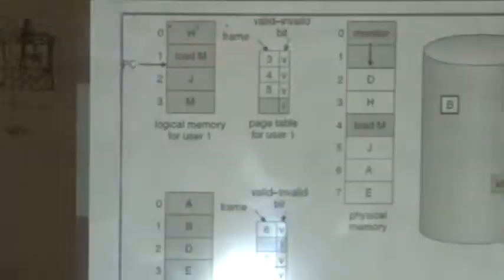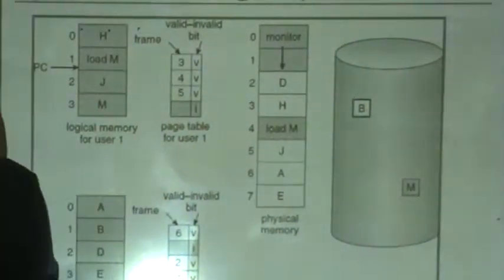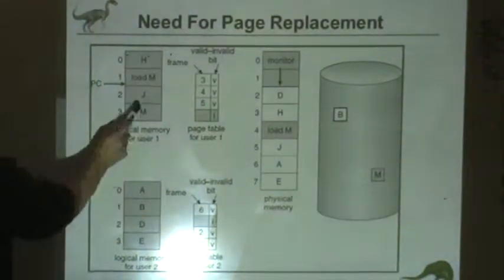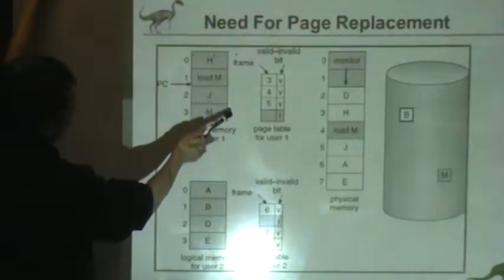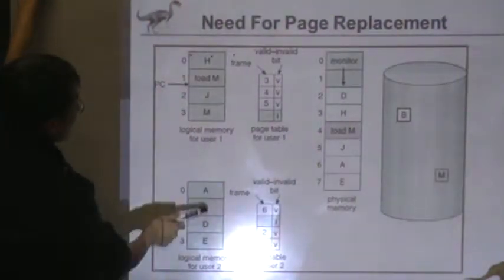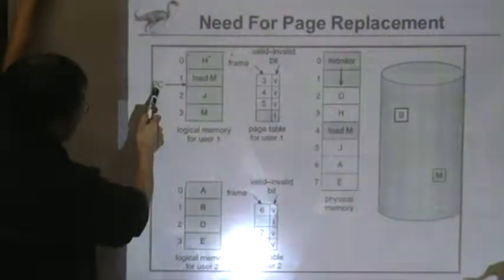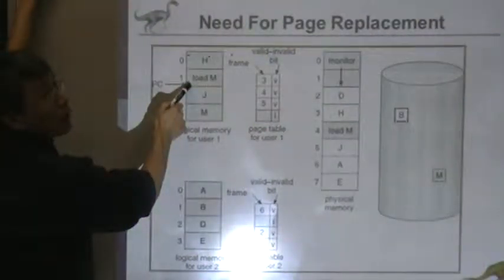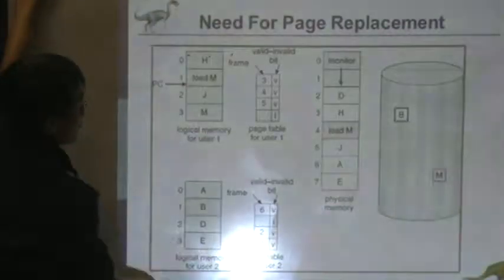Okay, so using that idea, we can see page replacement. Suppose that we have two processes. One is H, J, M. This module is loaded M, and this is the program counter, which means the current position of this process, and this is A, B, C, D, another process.